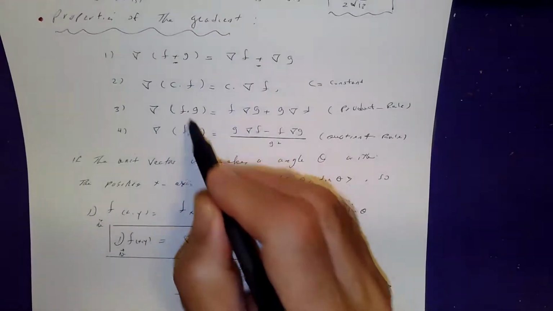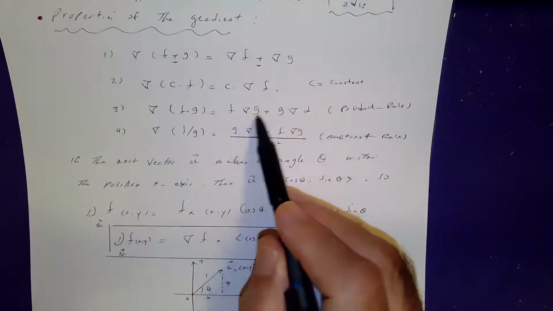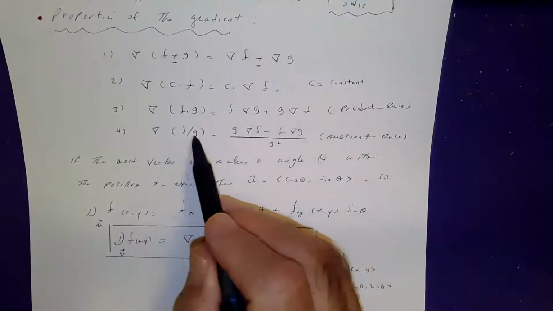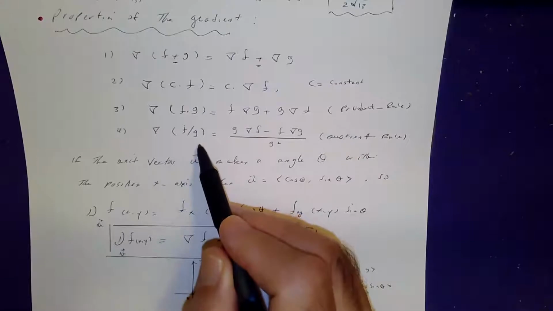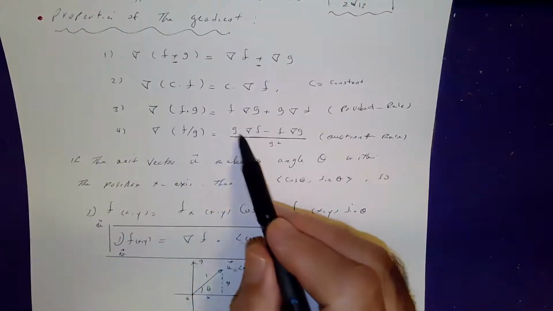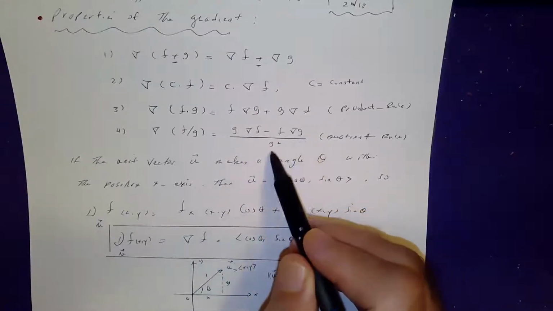Gradient of f times g, you have to use the product rule, is f times the gradient of g plus g times the gradient of f. Gradient of the ratio of two functions, you have to use the quotient rule. So you go g times the gradient of f minus f times the gradient of g, over g squared.